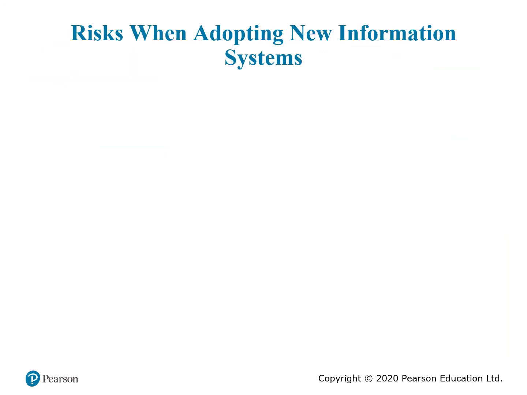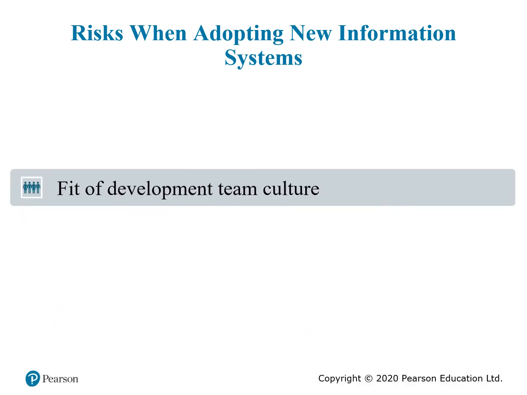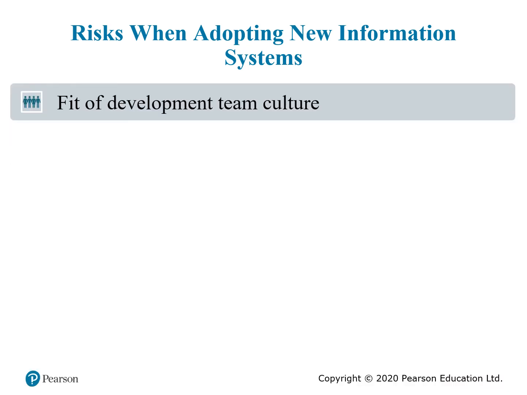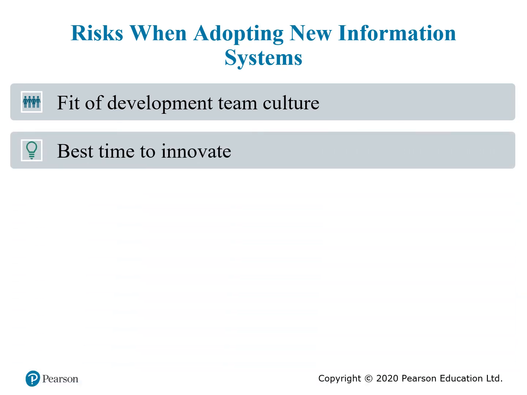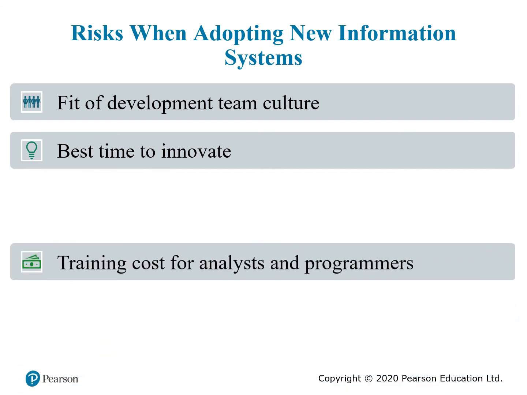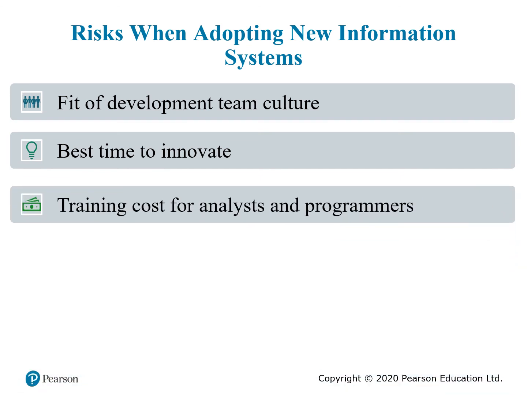In adopting new information systems, there is some inherent risk related to this process of adopting the new system. First is fitting to the development team culture, best time to innovate, and training costs for the analysts and programmers.